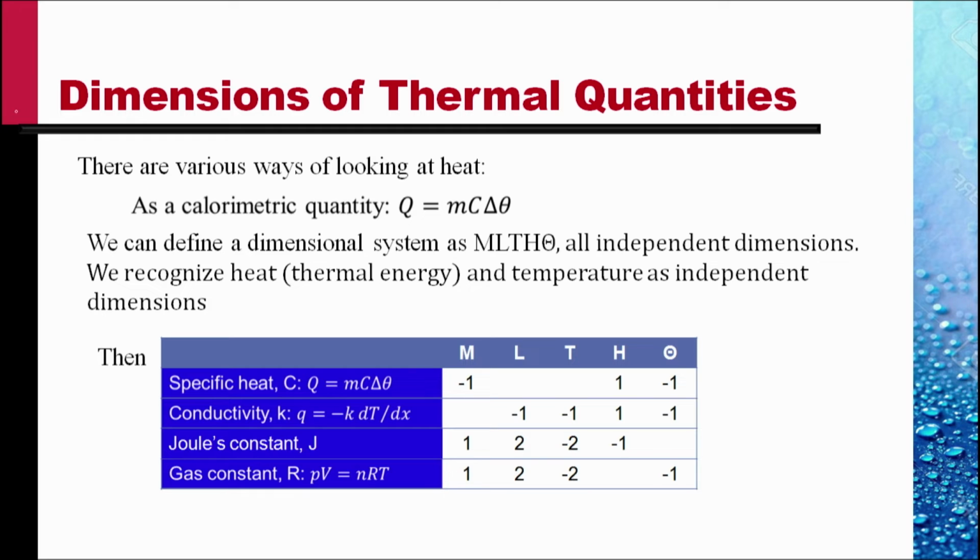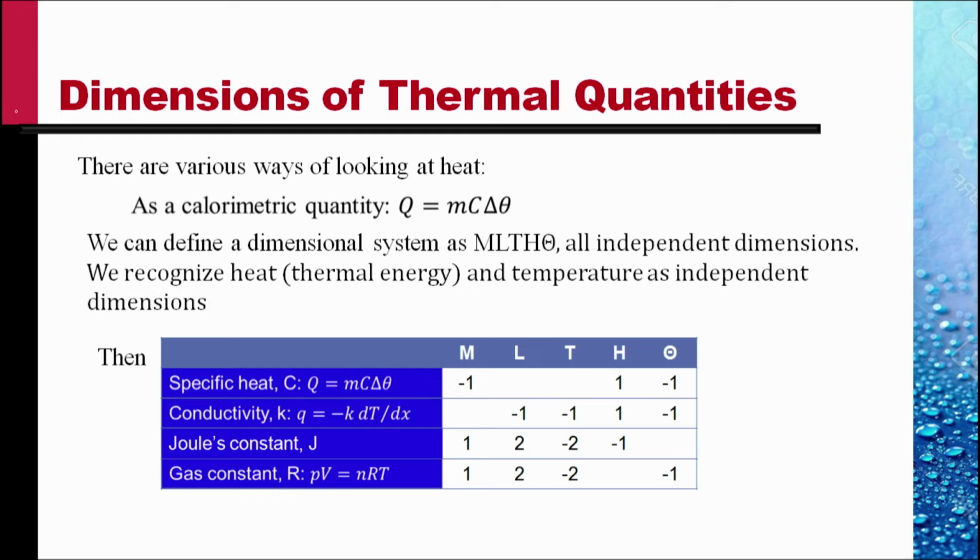Heat is defined purely as a calorimetric quantity, and the relation is Q equal to m c delta theta, mass times the specific heat times the change in temperature, is the quantity of heat that gets transferred to a body when its temperature rises by delta theta.